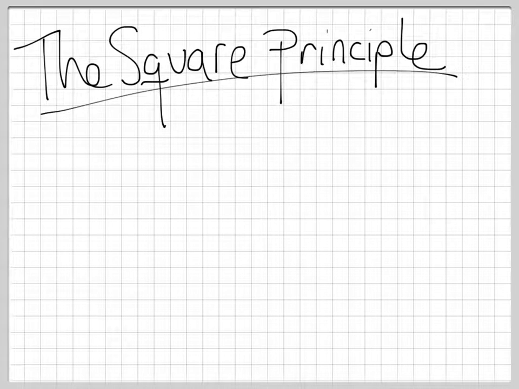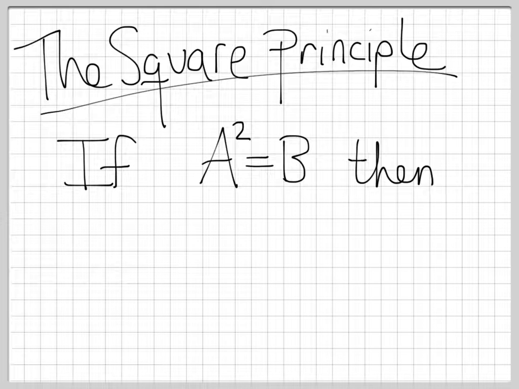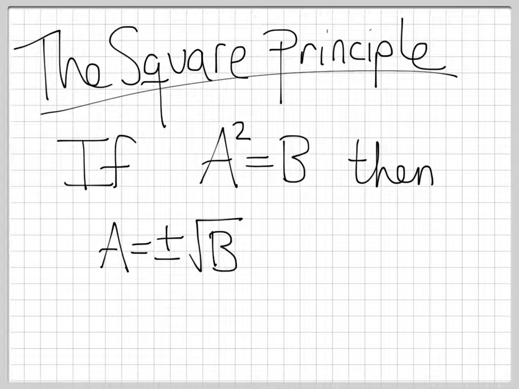The square principle is kind of like square roots, except in reverse. What it says is that if a squared equals b, then a equals plus or minus the square root of b. So remember we said before, when you see the square root symbol here, it only gives you one answer.